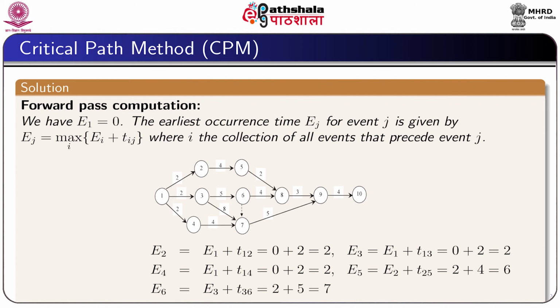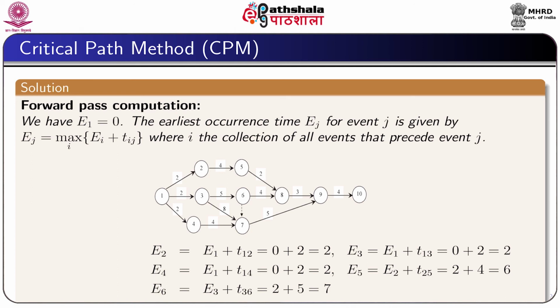For this, we first do the forward pass computation. According to the rule, we take E1 equal to 0, and the earliest occurrence time Ej for the event j is given by Ej equal to maximum over i of Ei plus Tij, where i is the collection of all events that precede event j.